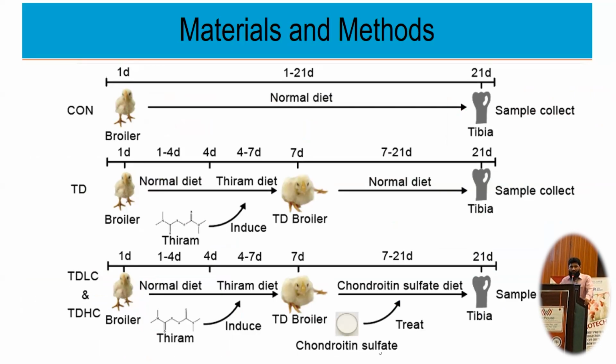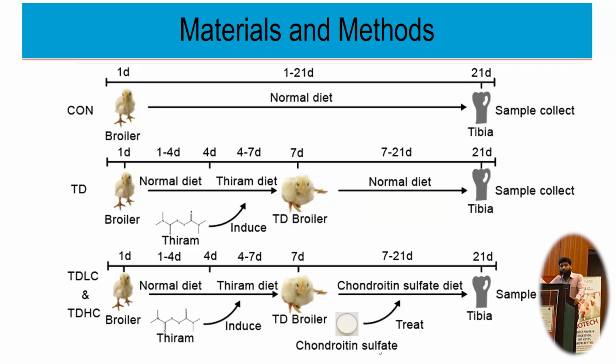The drug trial included 21 days. We gave normal feed to chickens from 1 to 21 days in the control group, while in the TD group we gave serum from 4 to 7 days.